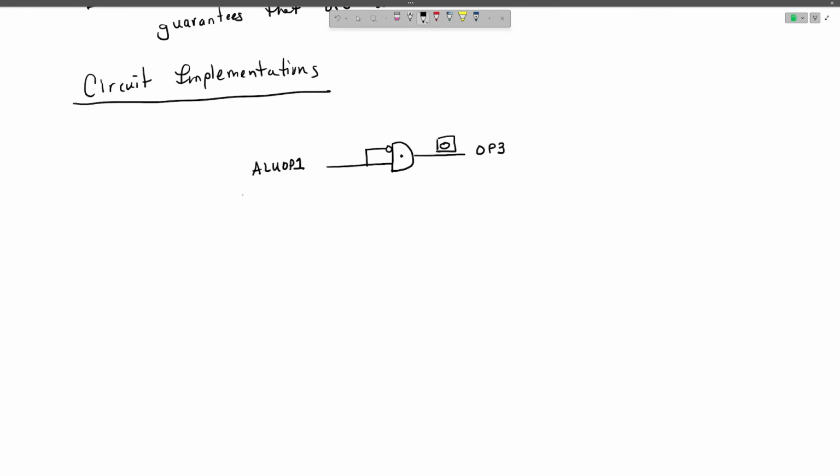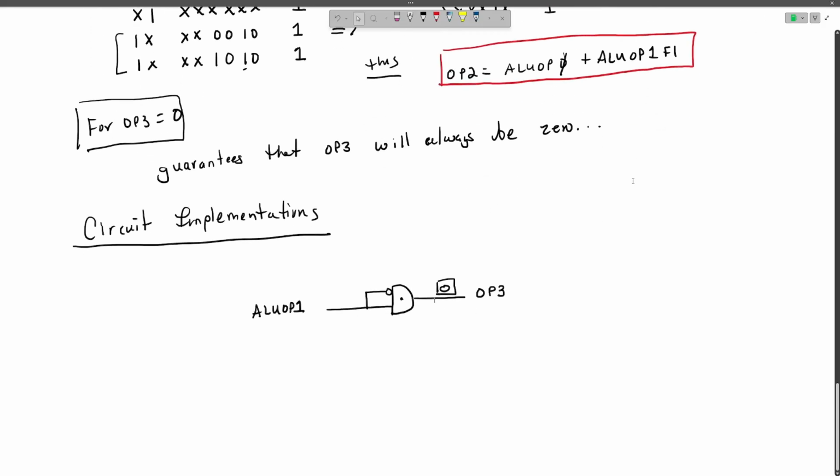For our OP2, we're going to have an OR gate.